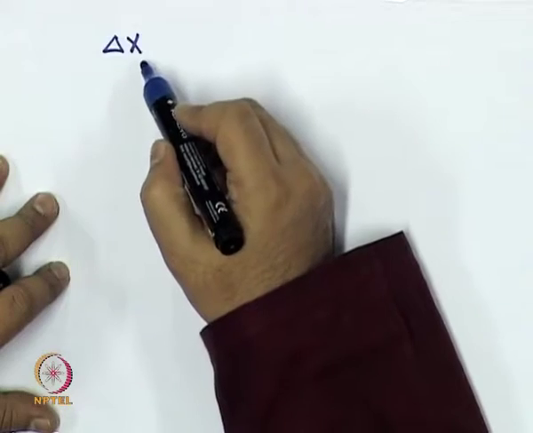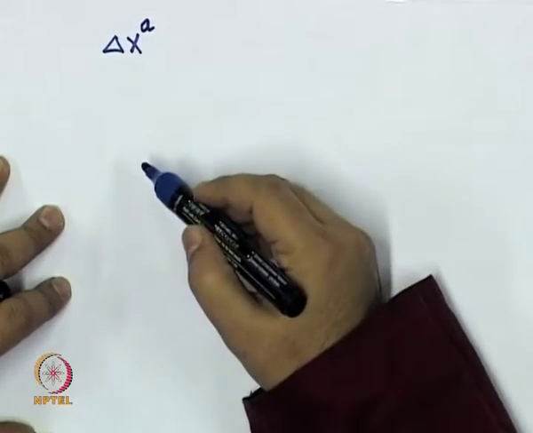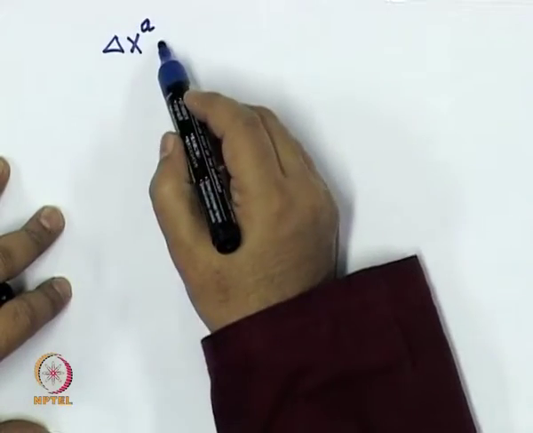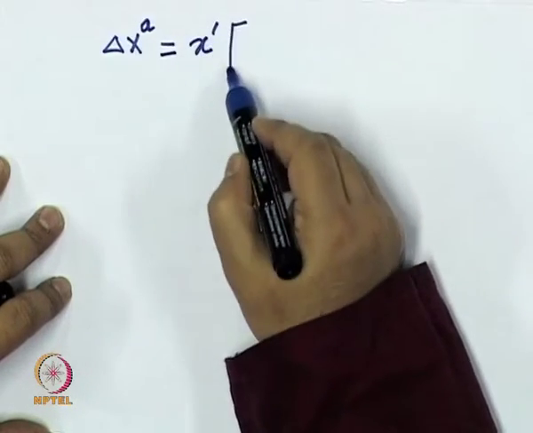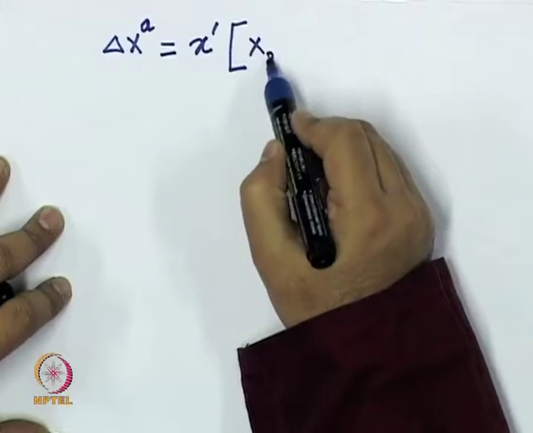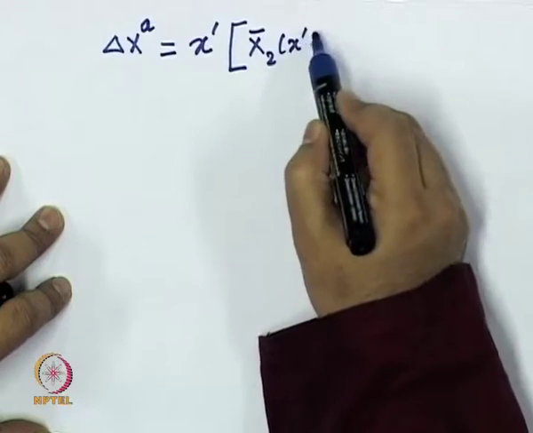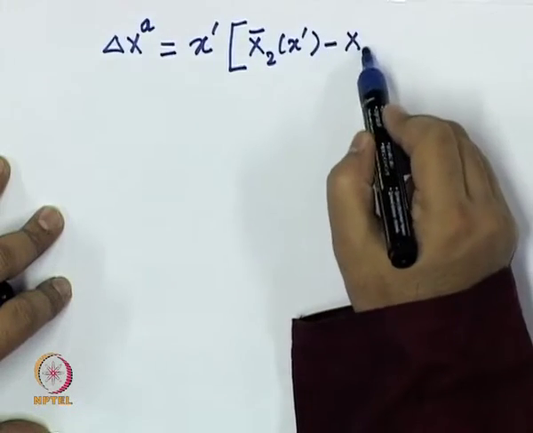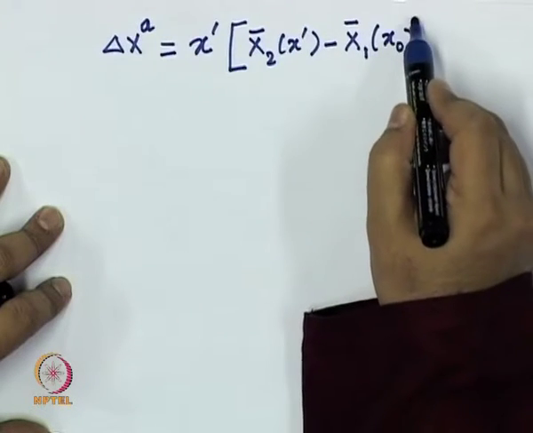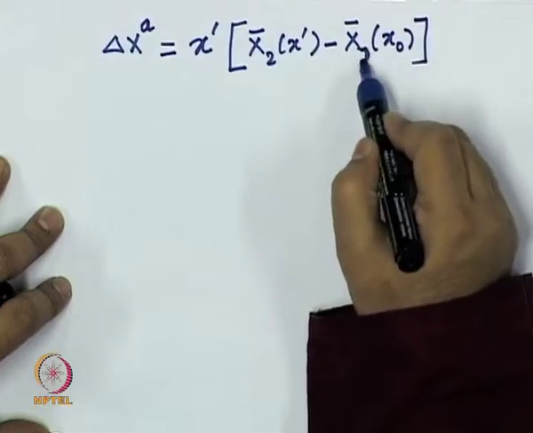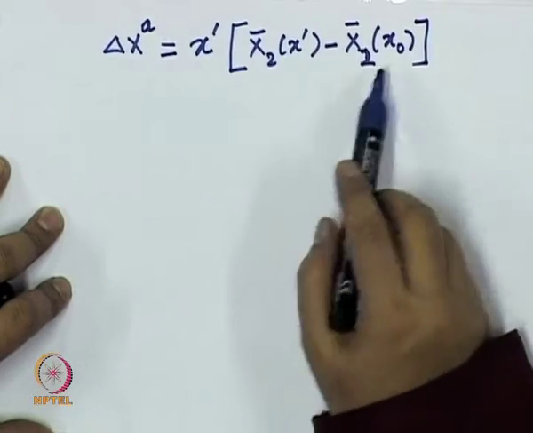So, let me call this delta x a. Delta x a is given by x prime times x 2 bar x prime minus x 2 bar x naught. Okay, so what does this represent?